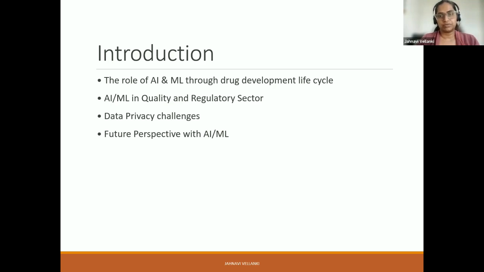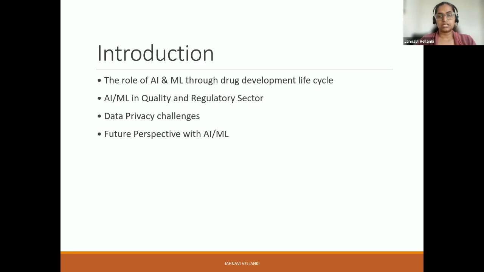As we all know, the pharmaceutical industry is undergoing a digital revolution, with artificial intelligence and machine learning becoming potent tools for streamlining lifecycle management at every stage, from early drug discovery to post-market surveillance. In this presentation, we shall critically evaluate how AI and ML technologies transform pharma processes by enhancing efficiency, accuracy, decision making, and patient outcomes.